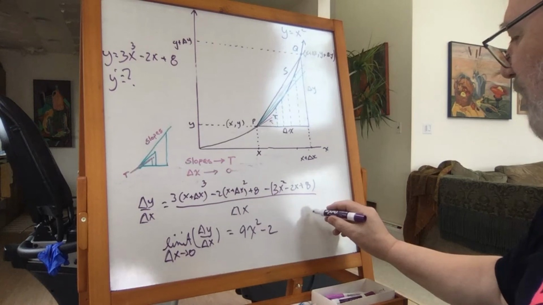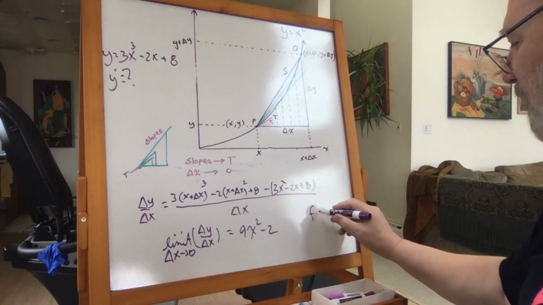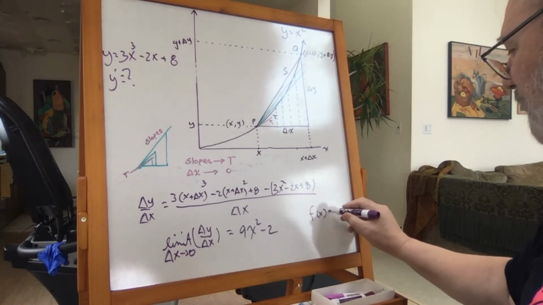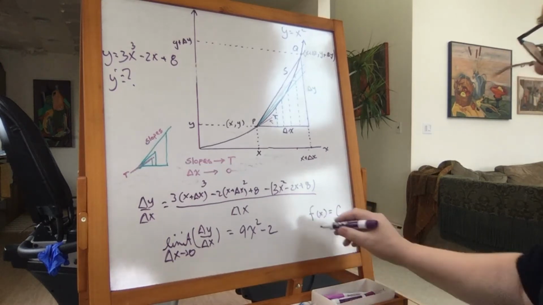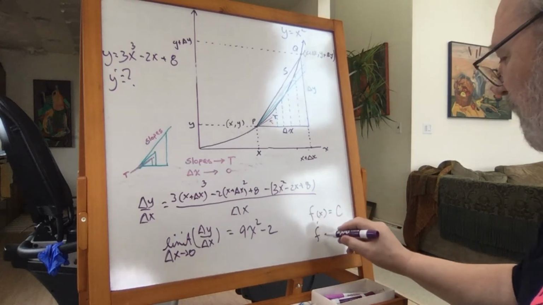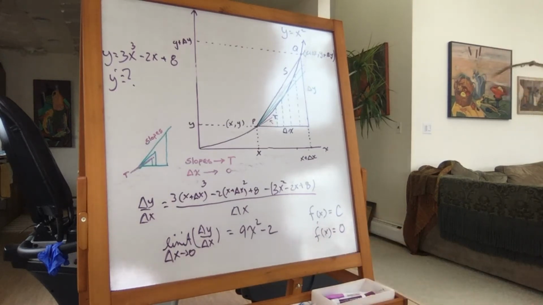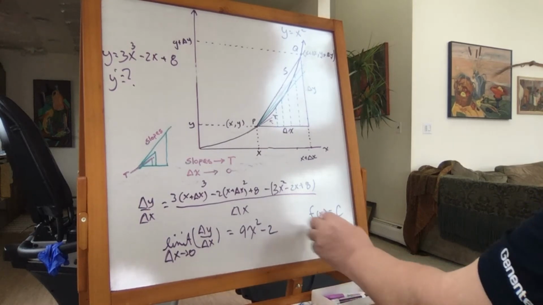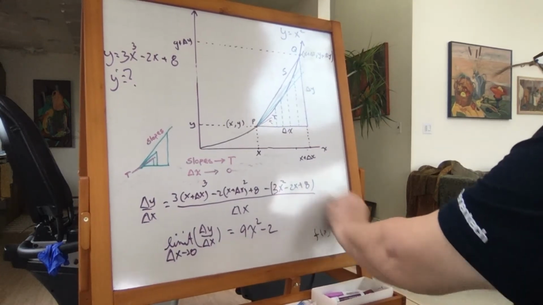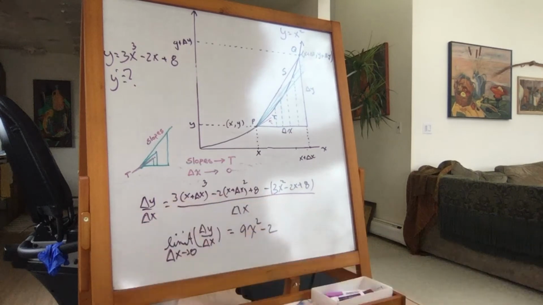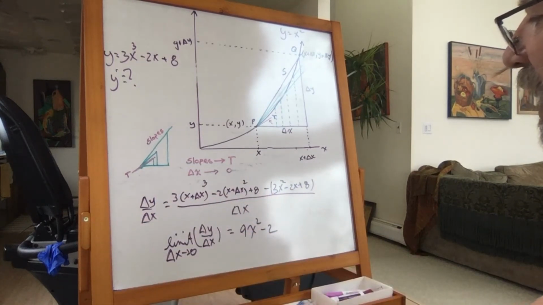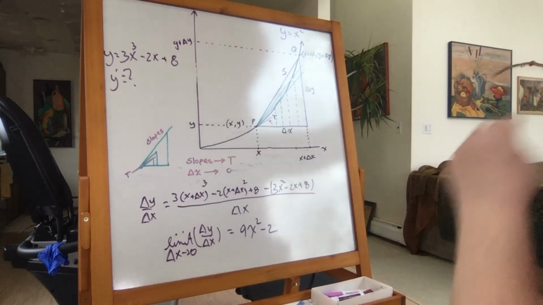The derivative of any constant: if we have a function where f of x equals a constant, the derivative of f of x is 0. There is no derivative of a constant. The derivative of a constant is 0. And we could prove it by going through this whole rigmarole. You can do it yourself to prove it to yourself. But that's the case.